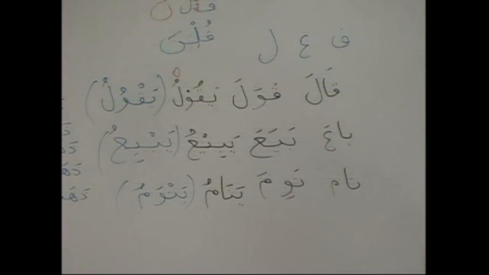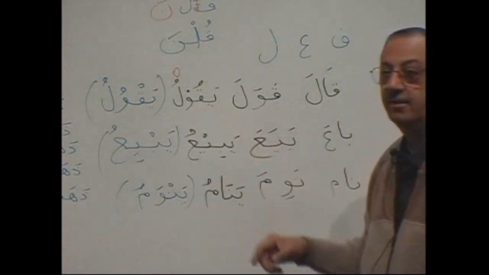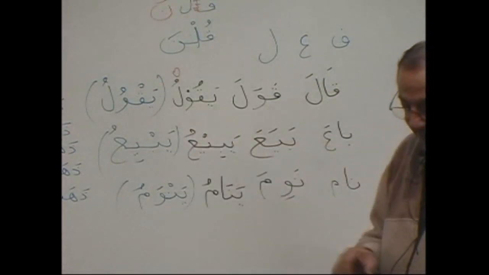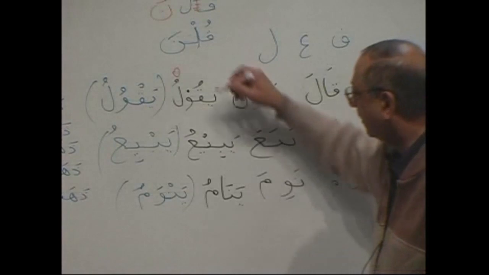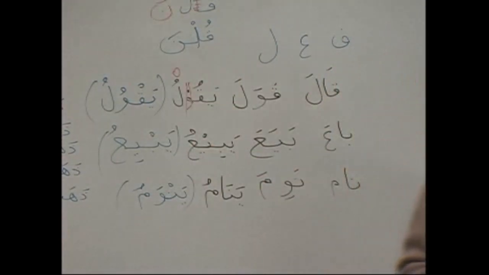Iltiqa sakinain. I cannot have that. But then I see one of them is a weak letter. So I have my knife ready to chop it off. Are you with me, brothers and sisters? So what will it become? Yakul.